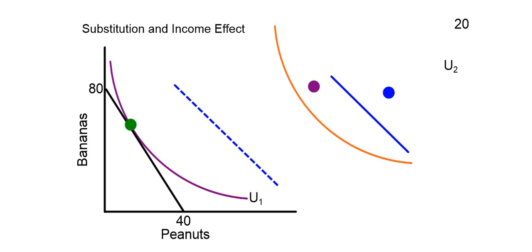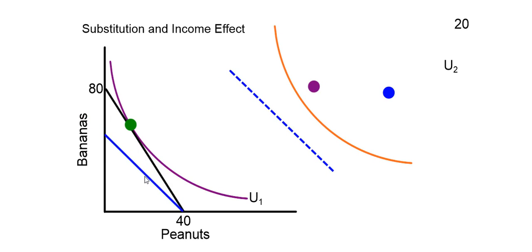So that's going to mean that we can buy fewer bananas. So our curve is going to shift. We'll stay where we are in terms of the maximum amount of peanuts, but we're going to be able to buy fewer bananas because the price has gone up. So we're somewhere in here.